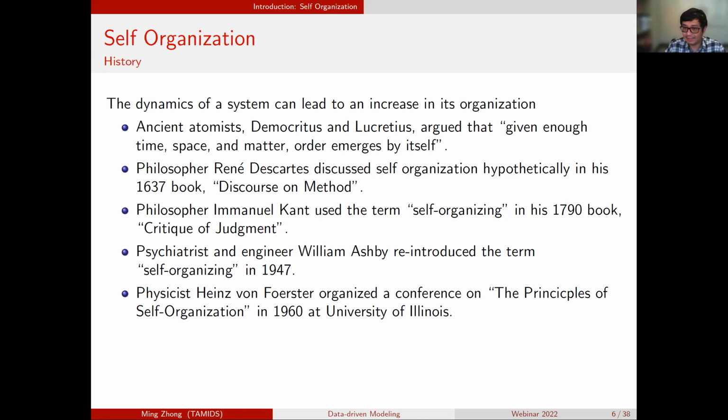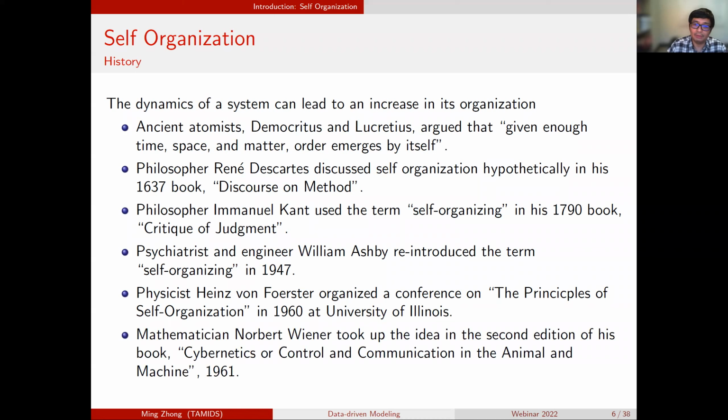In fact, in the 1960s, there was a huge, first-of-its-kind conference on the principle of self-organization at the University of Illinois, and then Norbert Wiener took this idea and produced his synchronization models. And in his 1961 book, he talked in detail about how self-organization happens in communication of neurons and cells and all of this stuff that gives rise to synchronization in cells.